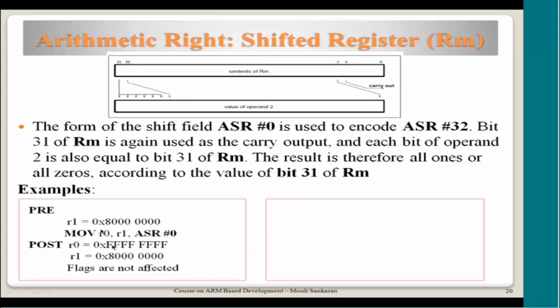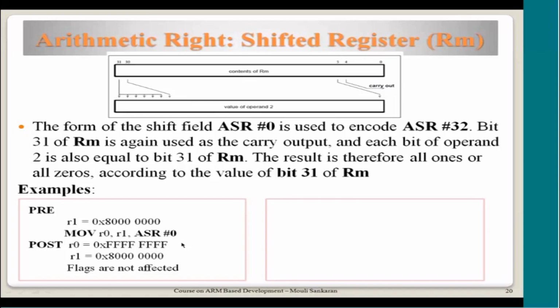But because I mentioned no S here, it will not impact the carry flag, but R0 will be filled with ones. It is a very easy way of doing this. So when you have this value and then do an arithmetic shift right 0, it is doing a 32-bit arithmetic shift right.